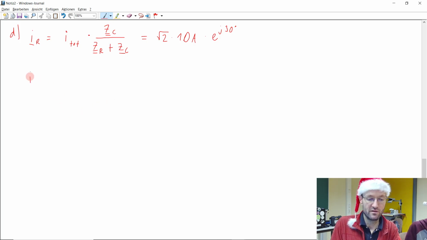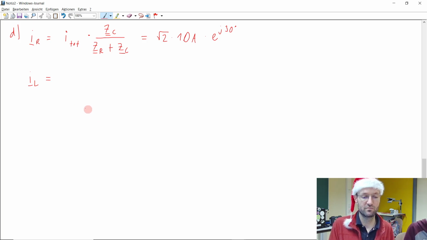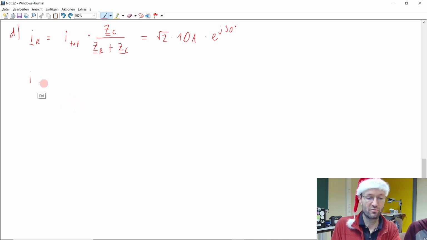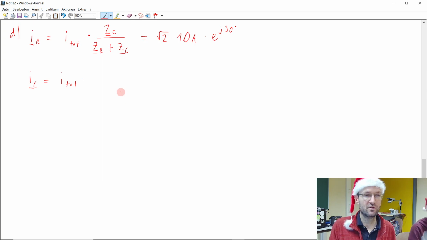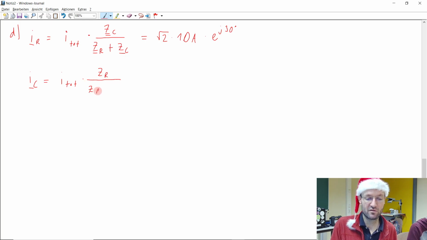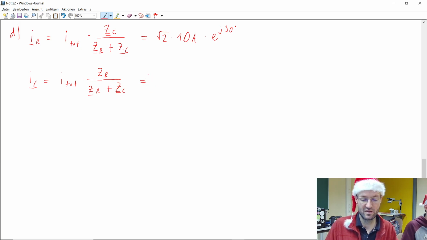And if we want to have, as the last thing, the current through the capacitor via the current divider rule, what do we need to insert now? Other way around. Yeah, so the other way around. So now the impedance of the resistor divided by the total impedance, which is once again the impedance of the resistor plus the impedance of the capacitor.